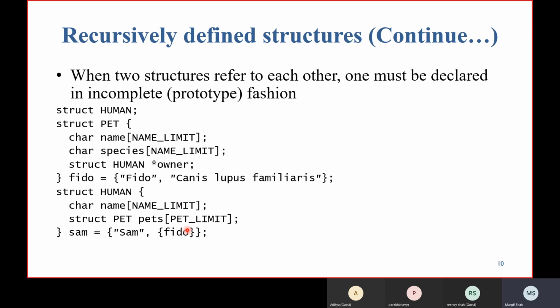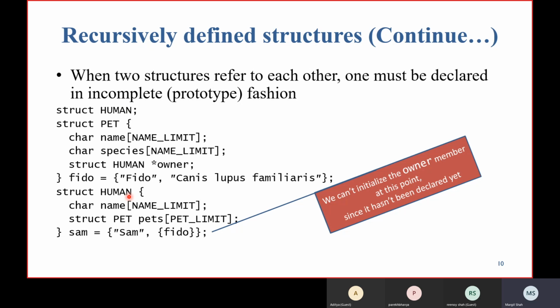Now what is the point over here? When two structures refer to each other, because pet refers to human and human refers to pet, one must be declared in incomplete prototype fashion, right? So we can't initialize the owner member at this point, since it hasn't been declared yet.